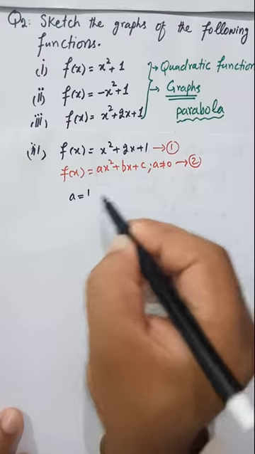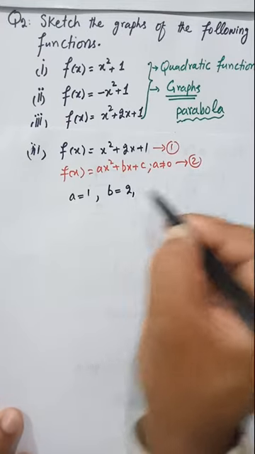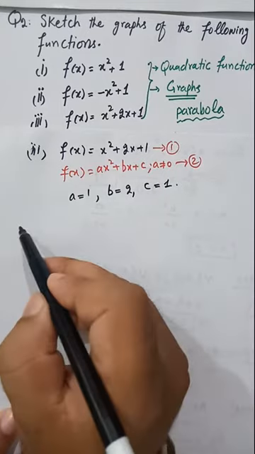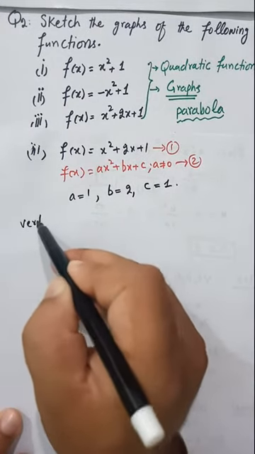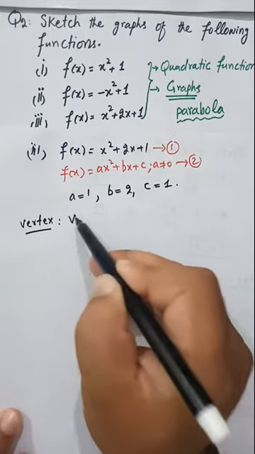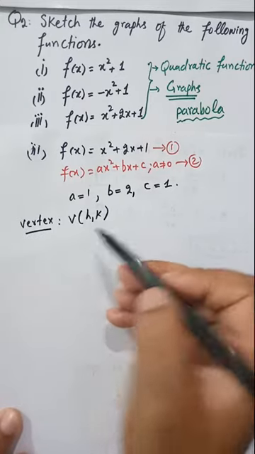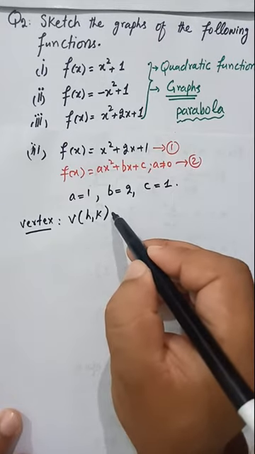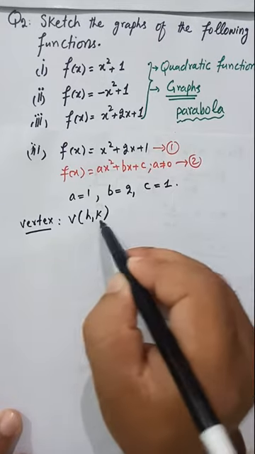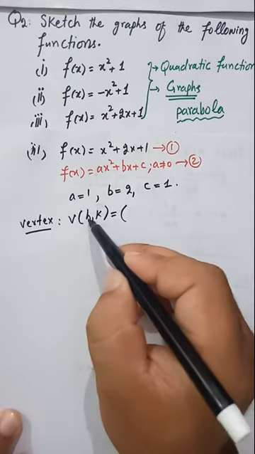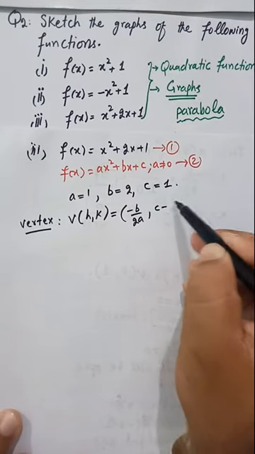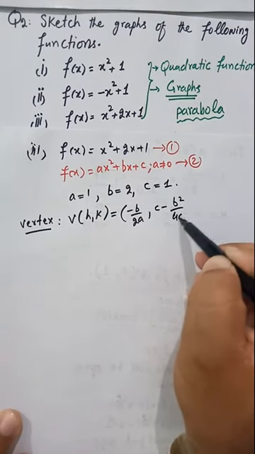So when I compare these two, the value of a is 1, the value of b is 2, the value of c is 1. Now first of all I am finding out the vertex. So the vertex is (h, k), because a vertex is a point in a plane, having an ordered pair representation to show its coordinates. So h is equal to minus b divided by 2a, and k is equal to c minus b square divided by 4a.